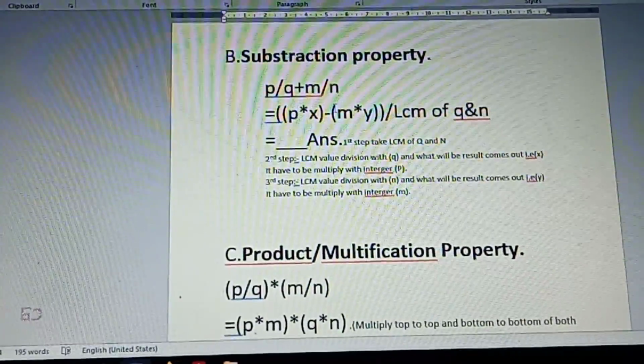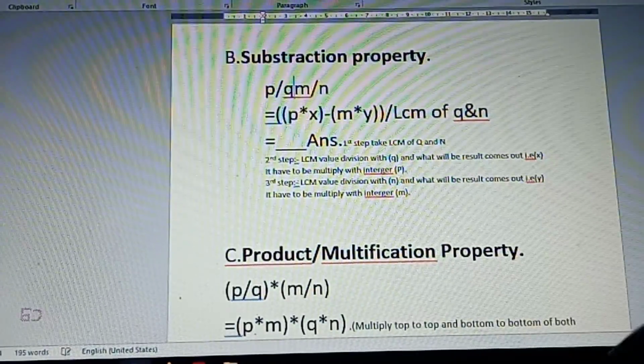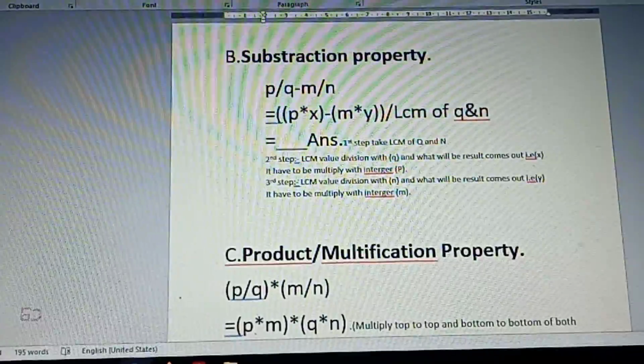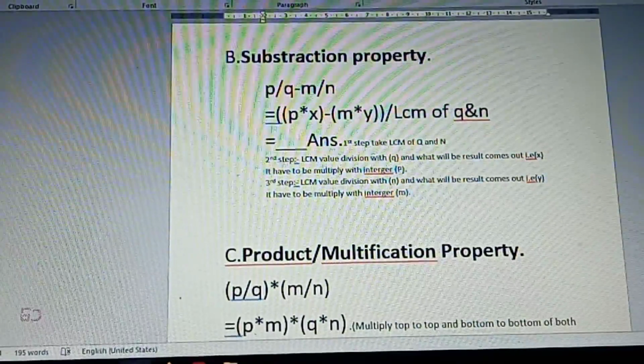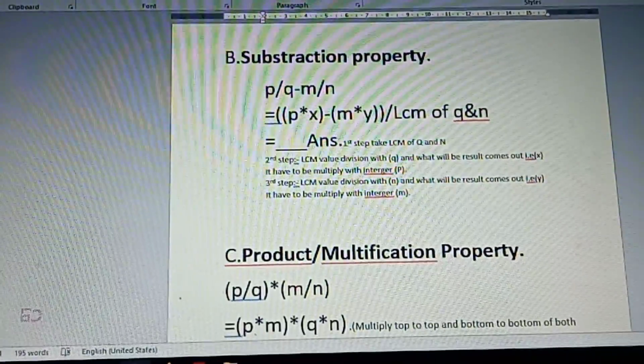P by Q minus M by N. For example, P by Q equals 1 by 2 and M by N equals 3 by 2.